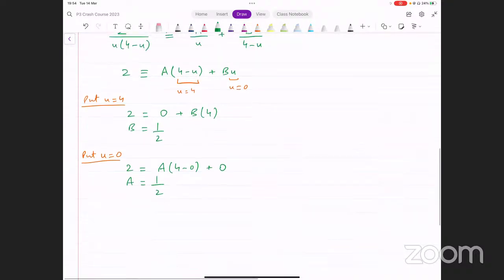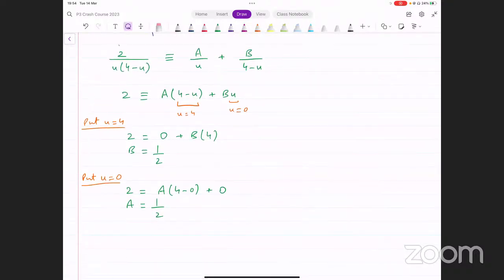So a and b are both 1 over 2. So these partial fractions become 1 over 2 over u plus 1 over 2 over 4 minus u. That's what it becomes essentially.